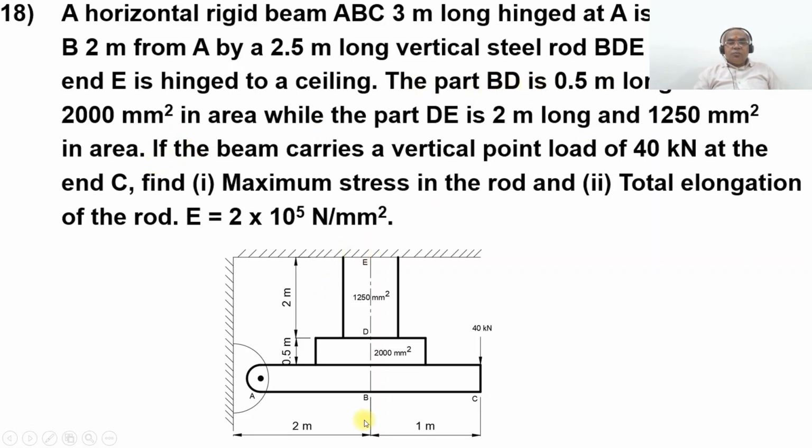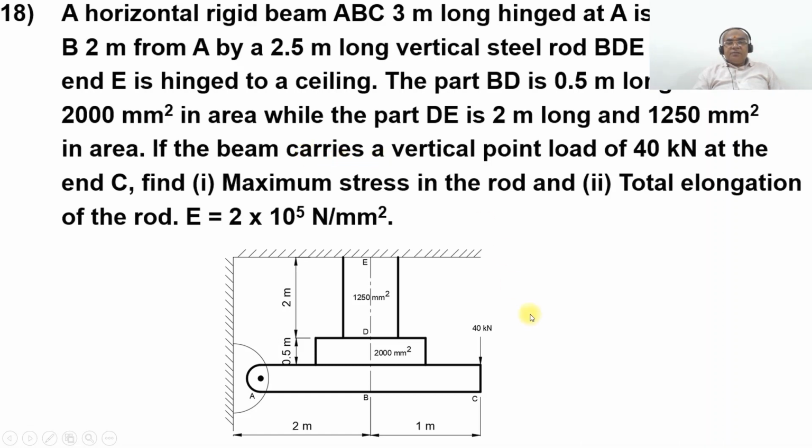The part BD is 0.5 meters long, which is here, and 2000 mm square in area, while DE is 2 meters long and 1250 mm square in area.